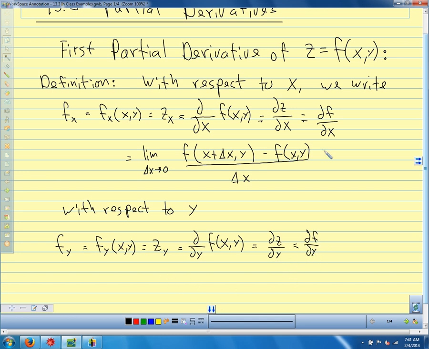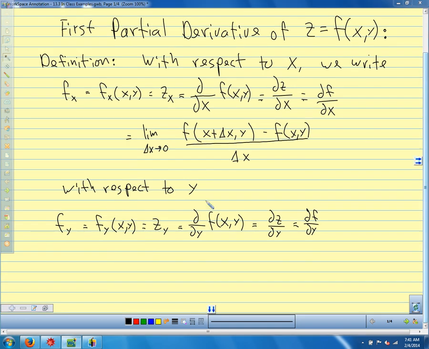And this is the limit. Same limit, except rather than x changing, y is changing. Limit as delta y approaches 0 of f of x comma y plus delta y minus f of x, y all over delta y. So that's our definition of our partial derivative.